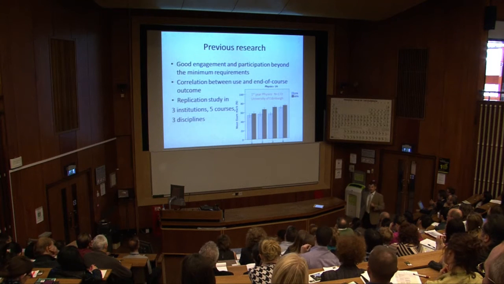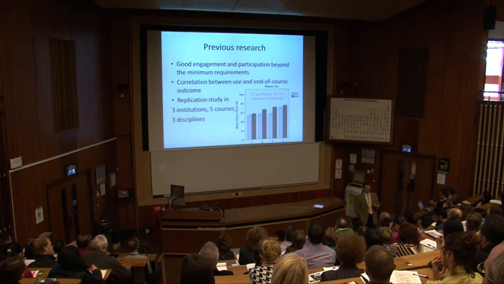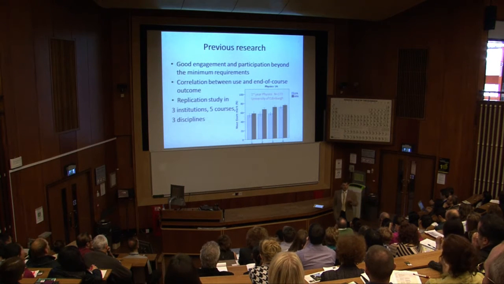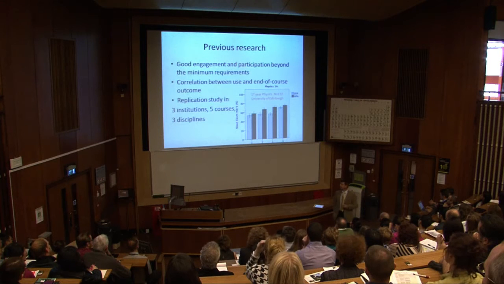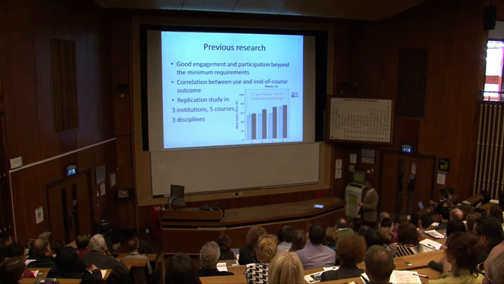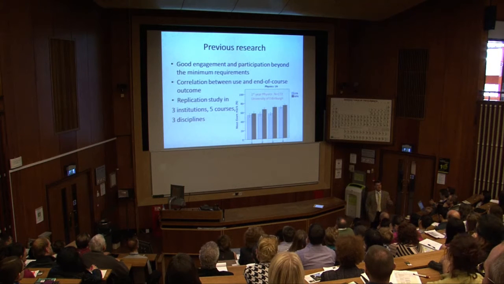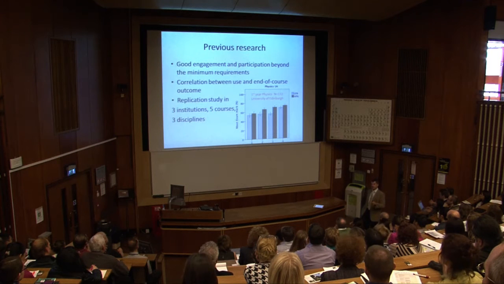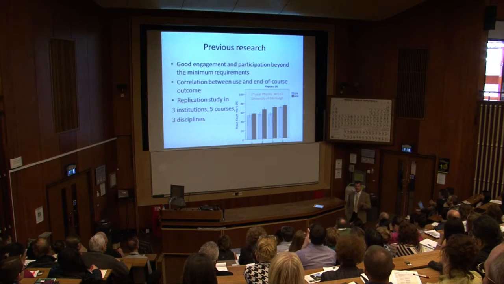I'll tell you a little bit about the research that we've done around effectiveness for encouraging student learning. What we have found, and I'll show you examples of this shortly, is good engagement and participation beyond what we set as the minimum assessment requirements for using this system. But we also found a correlation between the amount students use this system and their end-of-course exam marks.